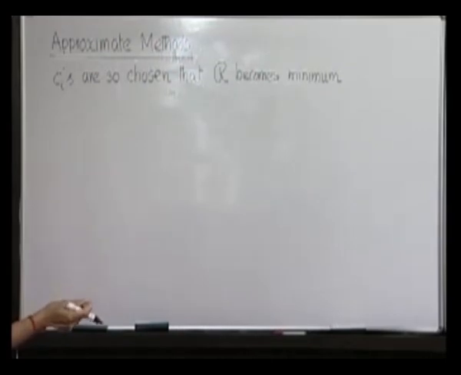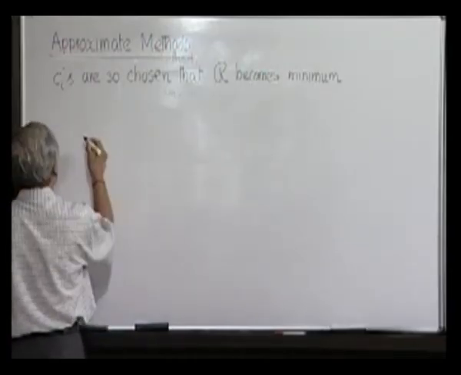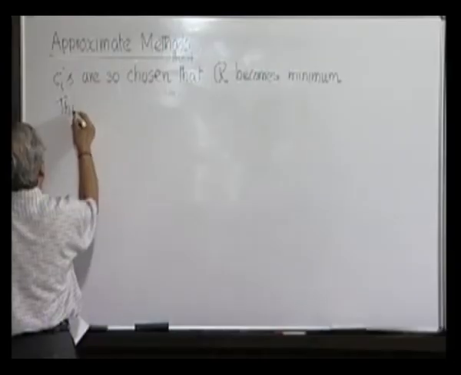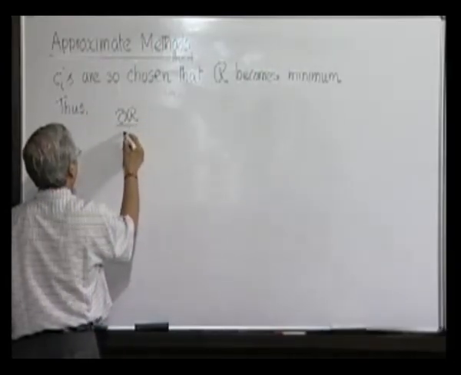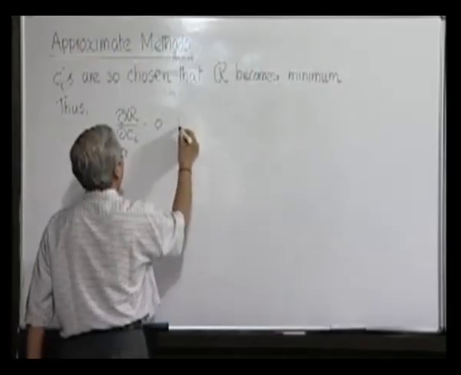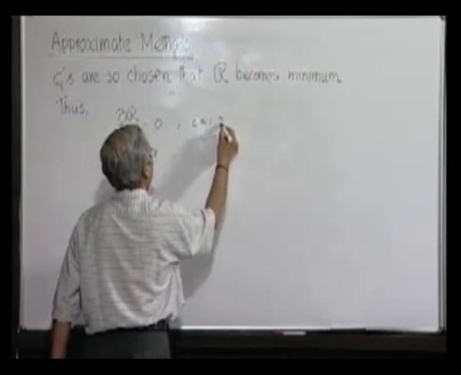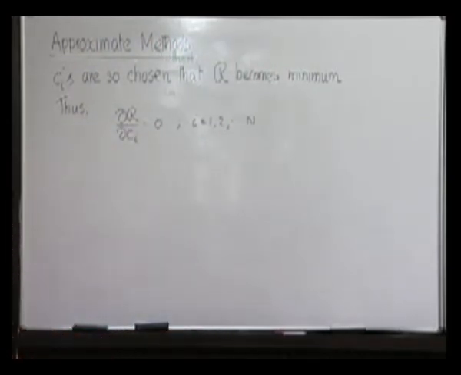So the best possible choice of R for given functions xi can be those for which C1, C2, Cn are so chosen that R is minimum. And that condition says, thus, del R del Ci will be equal to 0.